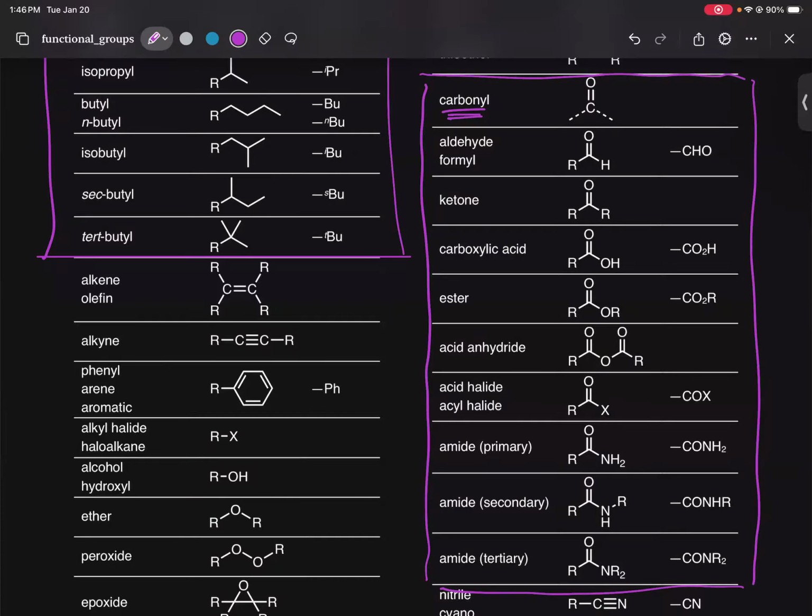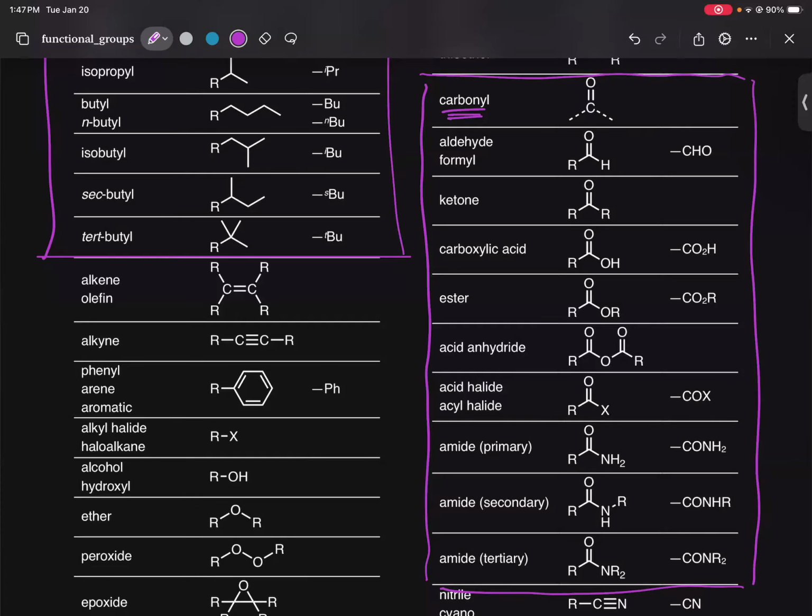So you'll notice that all of these, what is it, 9 or so, have a carbon in the middle with an oxygen double bonded to it. Generally, we write it going upwards, but again, it doesn't matter which direction you write it. So aldehydes and ketones, carboxylic acid, ester, acid anhydride, and the list goes on, basically.